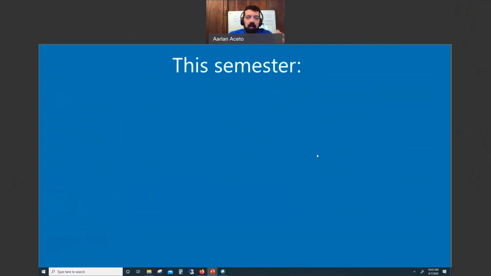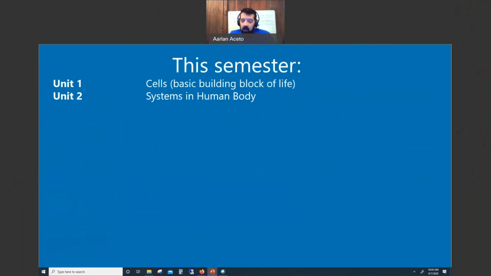Just to give you a rundown of how I anticipate approaching this: we're going to start with the very basics. You couldn't get any more basic than this. Cells, their structure, their function, how they're made, what they do, and then we're going to bring that up into the systems and the overall human body, cardiovascular, neurological, endocrine, those types of things.